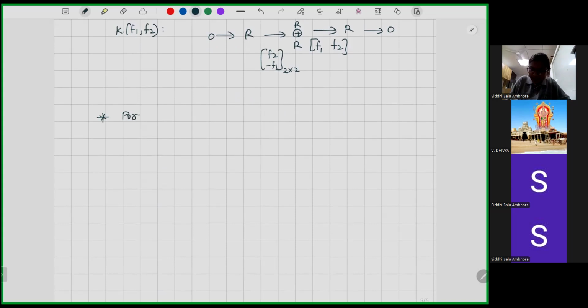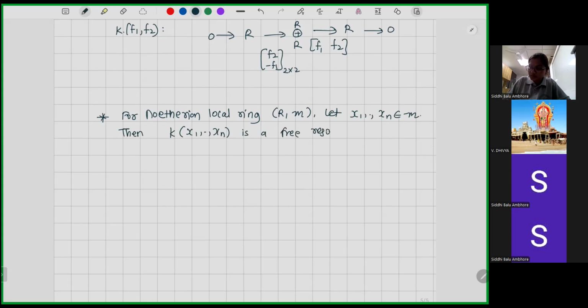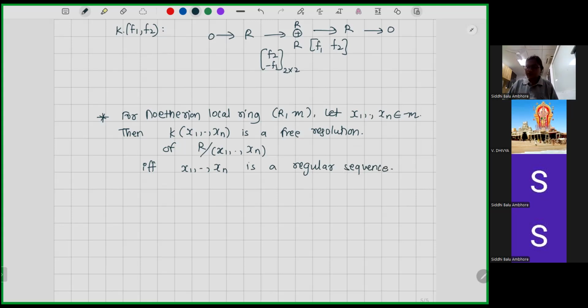For that we have this result: for a Noetherian local ring R, let x1 to xn belong to the maximal ideal M. Then the Koszul complex K of x1 to xn is a free resolution of R modulo (x1 to xn), which is what is asked in the question, if and only if x1 to xn is a regular sequence in R.